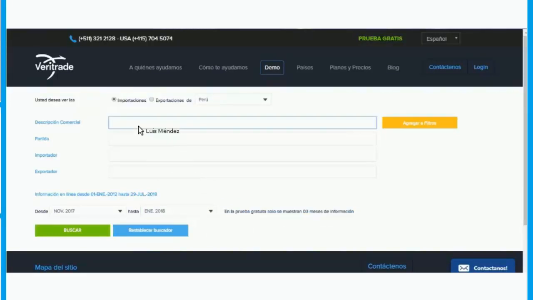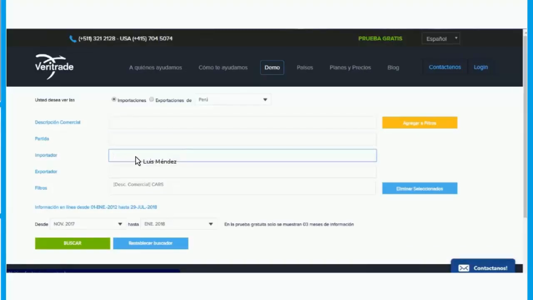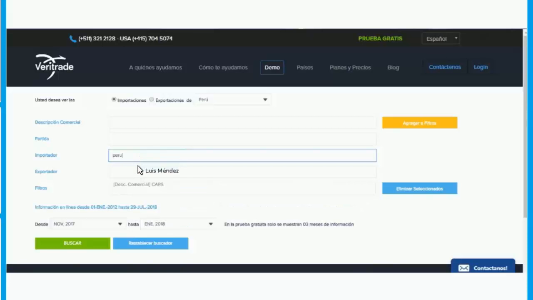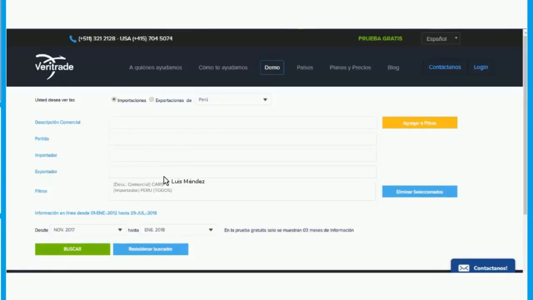So maybe we can check about, let's see, cars, for example, and we can see who's going to be the importer. Of course, it's going to be the exporter. So maybe you can see we are probably importers, and we go to search.